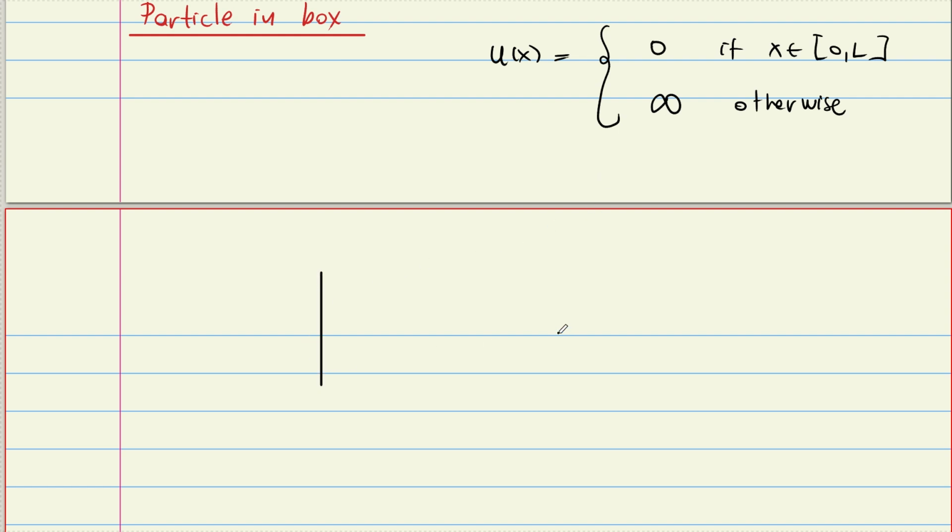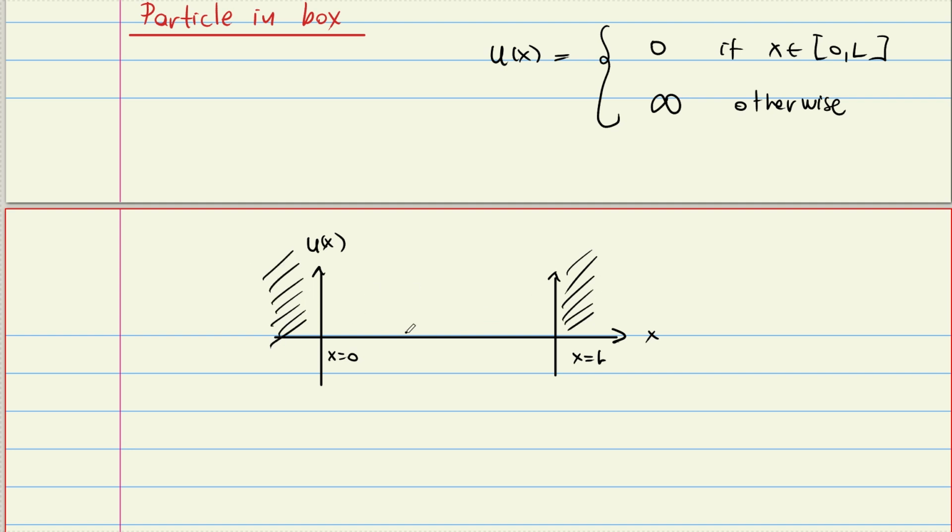So here is my box. This is x is equal to 0. This is x is equal to L. This is x, and this one is U of x. Here I have infinite potential, here I have infinite potential, and my particle can only be inside the box.